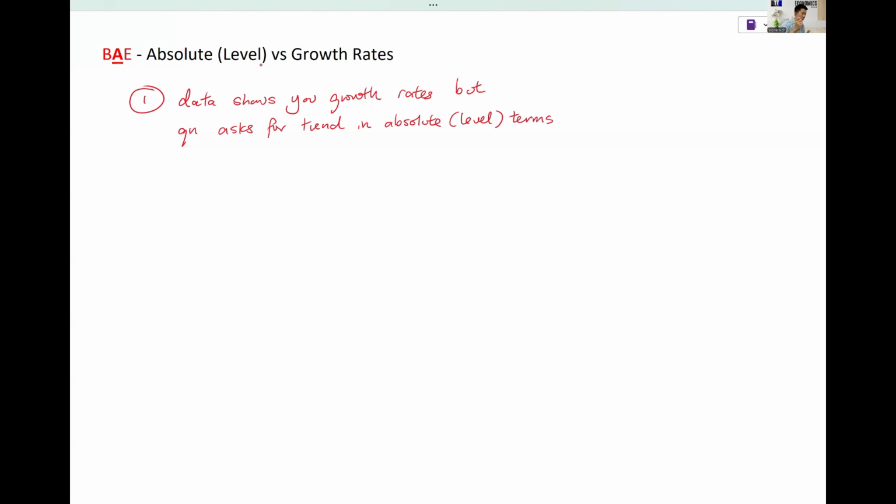When the data shows you growth rates, example, they show me GDP growth rate. We are familiar with this, okay? But the question wants GDP level, okay?